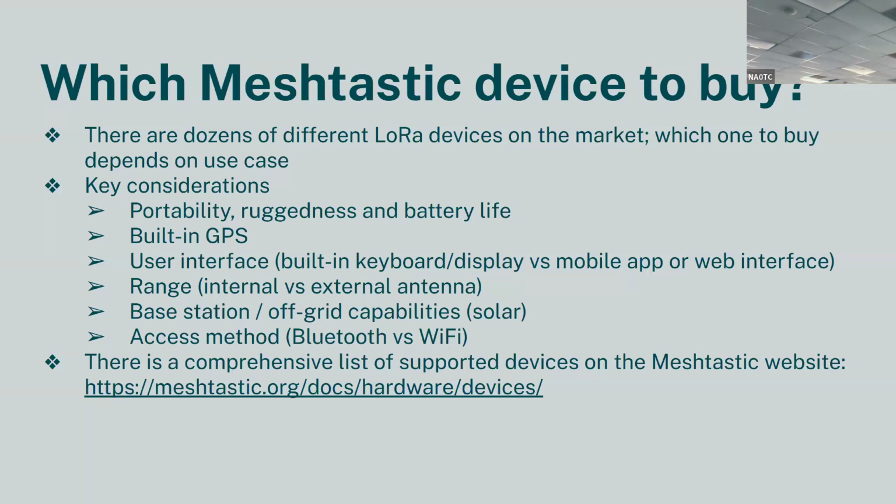This one at least has a screw, so you can, or a receptacle so you can screw something into it. But anyway, that's really the consideration. Budget's usually not a big thing, like I mentioned. These are pretty cheap. The one thing I would recommend is get one with a built-in GPS, for obvious reasons, because especially if you're going to be moving around at all, you don't want to have to manually update location.